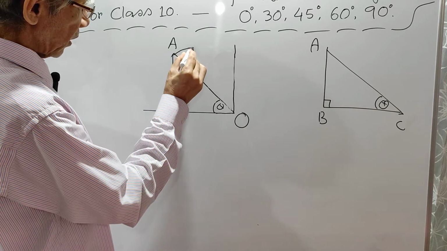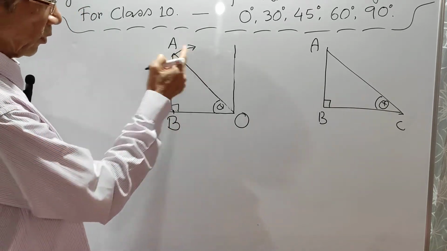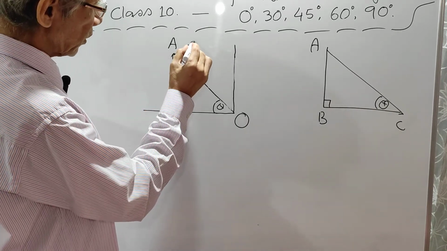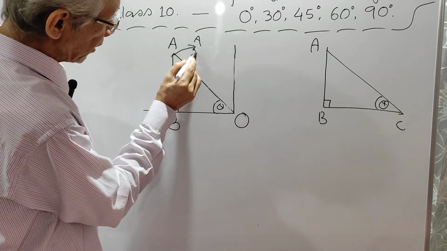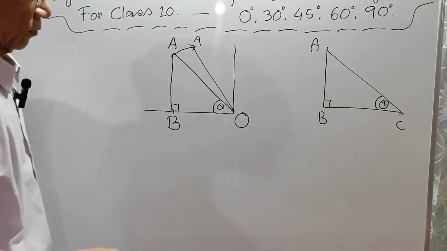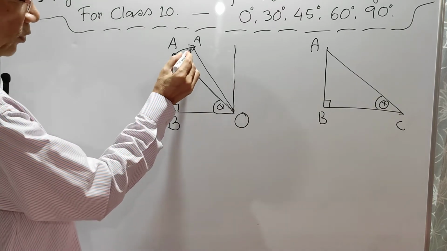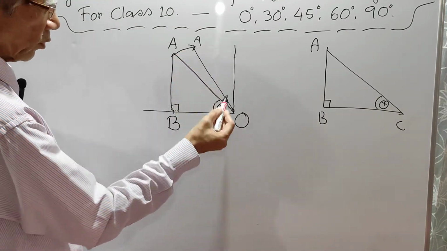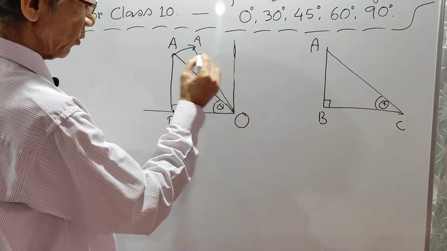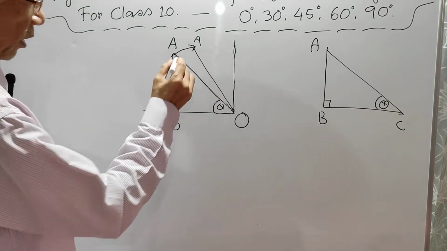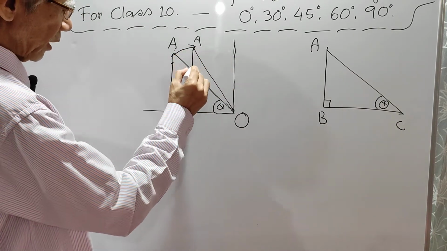Suppose A has moved to this point. Now this is A, and this is AO. A has moved towards this line. Now when A is here, this is the perpendicular AB.